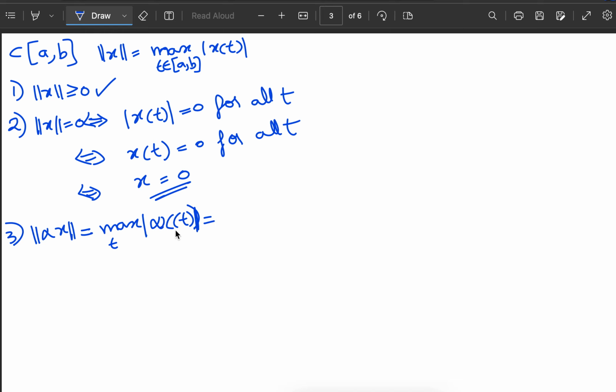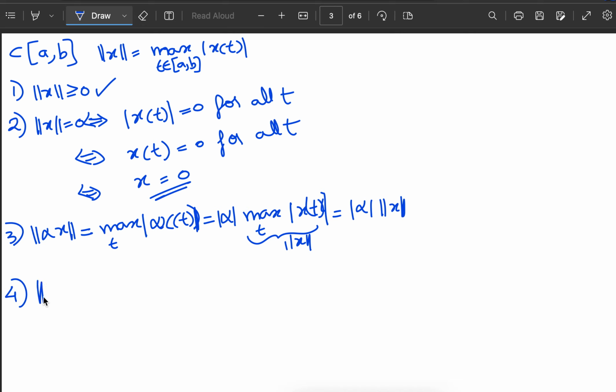So we can take mod alpha outside: mod alpha into maximum over t of mod x of t. So this is our norm x. So this is equal to mod alpha into norm x. So that property will also be satisfied easily.